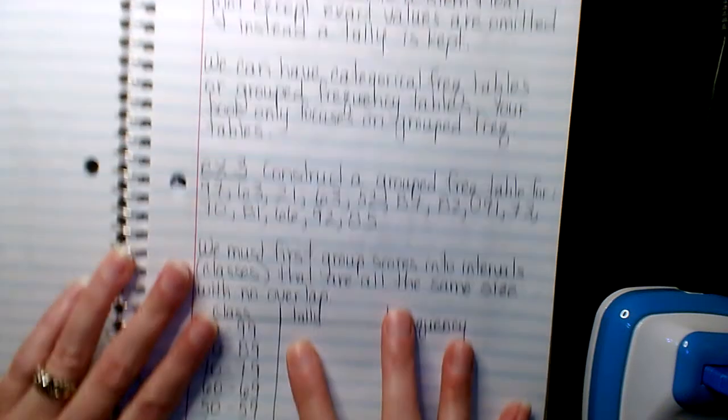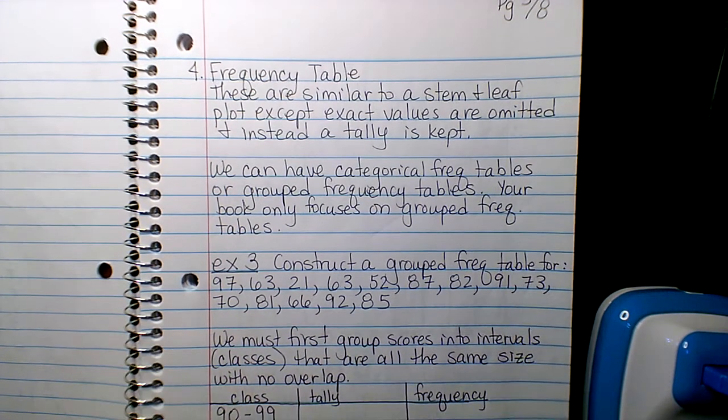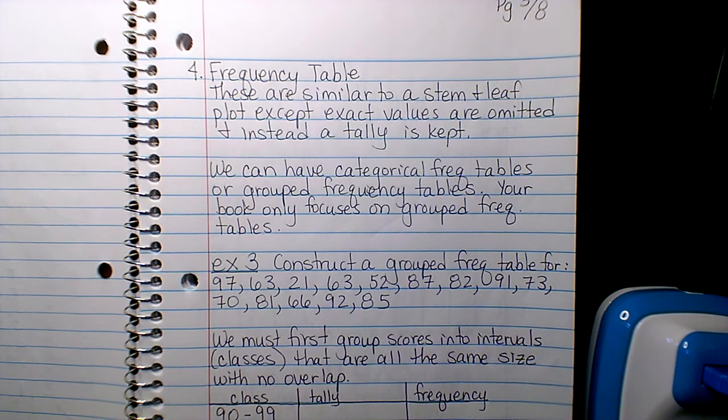Okay. Next up, frequency tables. A frequency table is similar to a stem and leaf plot, except exact values are omitted and instead just a tally is kept. So we can have categorical frequency tables or grouped frequency tables.